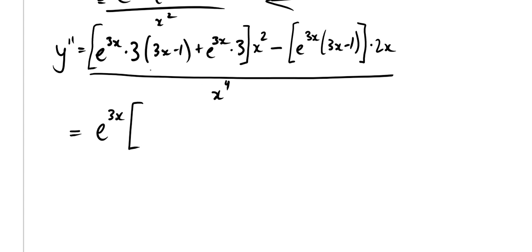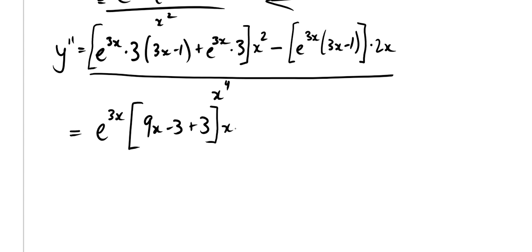And then when I'm looking at this part here, I only have that left, so I'm going to expand it. So 3 times 3x minus 1 is 9x minus 3 plus 3, because this e to the 3x is gone, times 3, so that's just that.